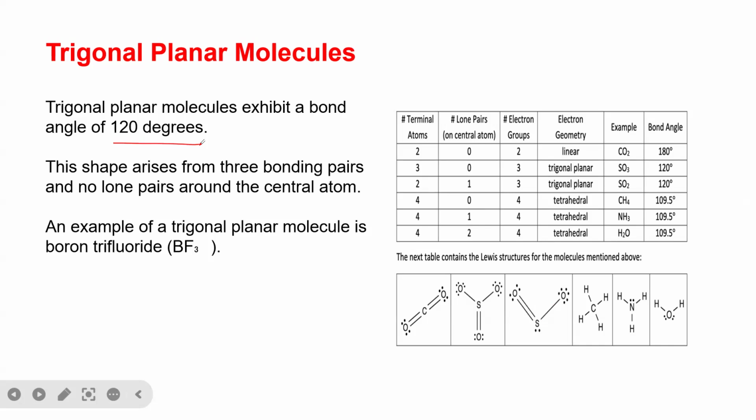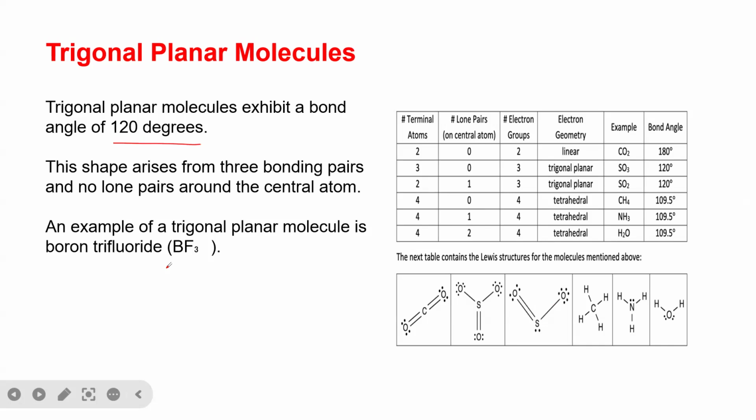The atomic number of boron: we have hydrogen, helium, lithium, beryllium, boron. So boron is number 5. In the case of trigonal planar boron fluoride here, it doesn't have any lone pair of electrons.